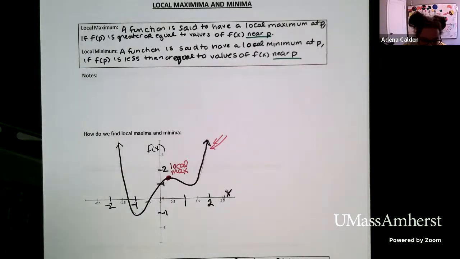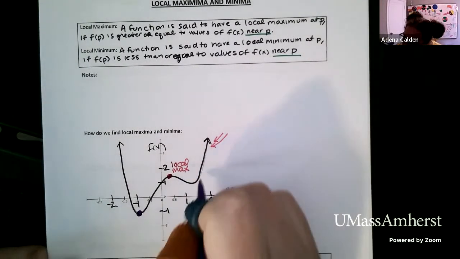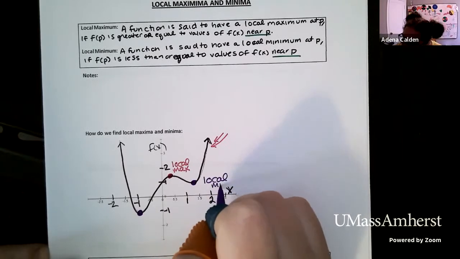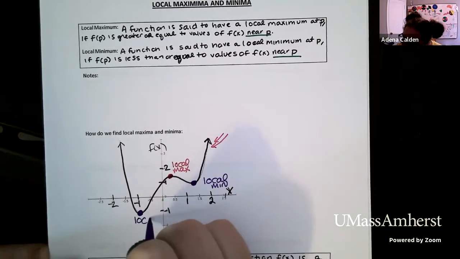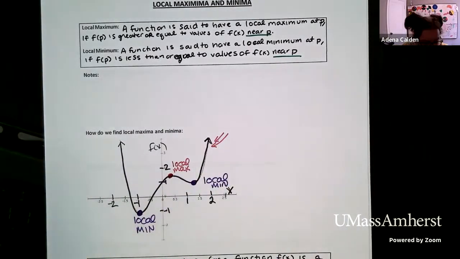When we talk about local minimums, we're looking for the lowest point in a small area. We can see that that actually happens here and here. So local minimums are the lowest points in a small area. What you're going to notice is that our local maximums happen at the top of hills.